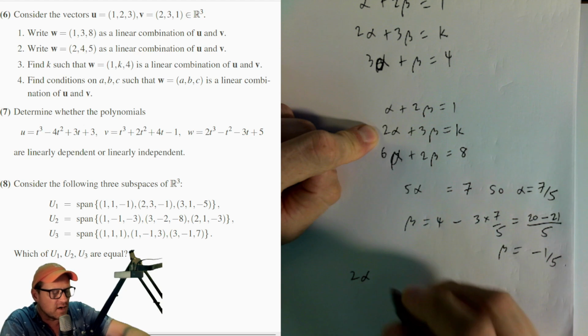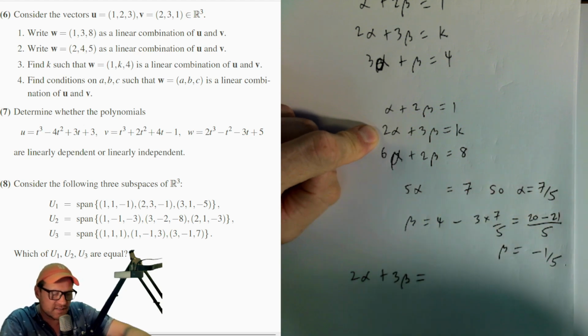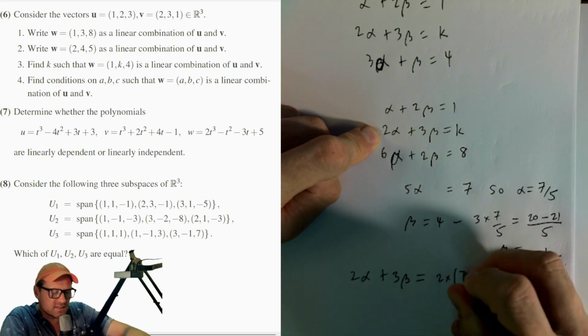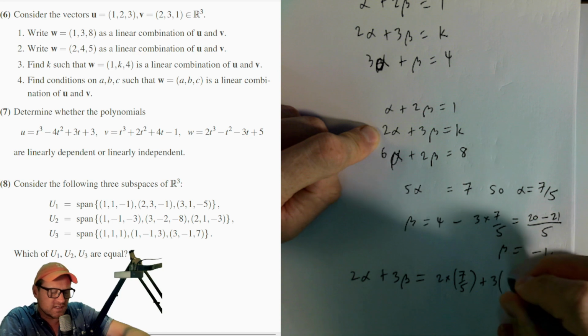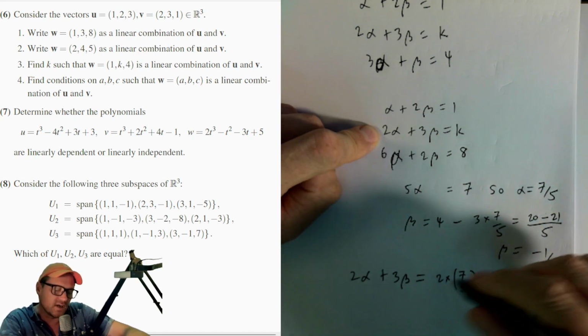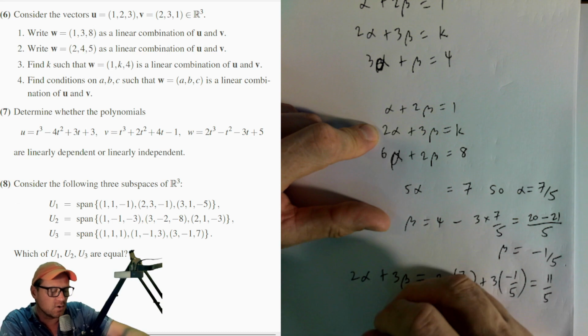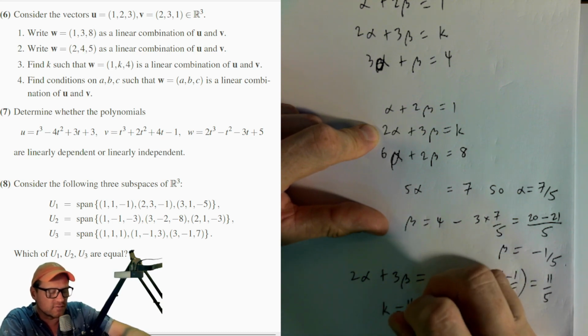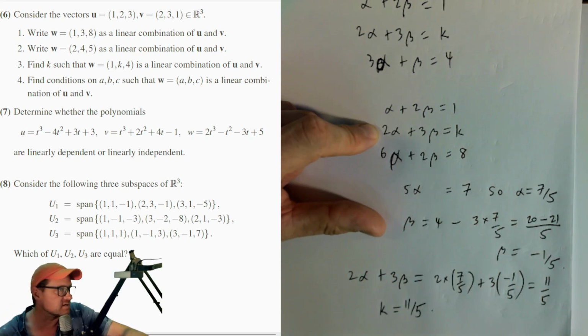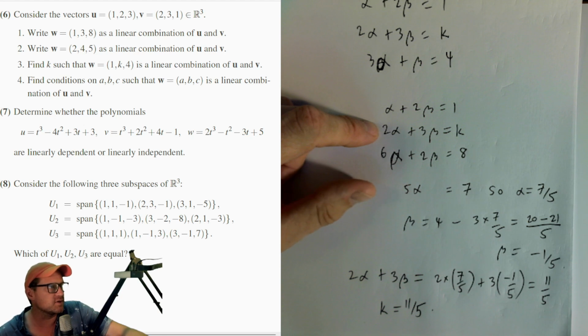So 2 alpha plus 3 beta is equal to 2 times 7/5 plus 3 times minus 1/5. So we have 14 minus 3 is 11 over 5. And so K must be equal to 11 over 5 for this system to be consistent, and hence the vector W to be a linear combination of U and V.